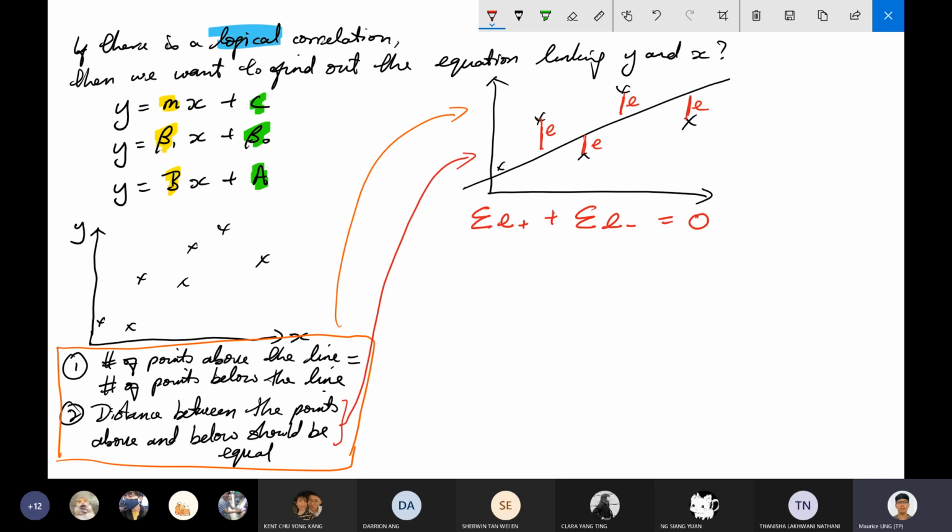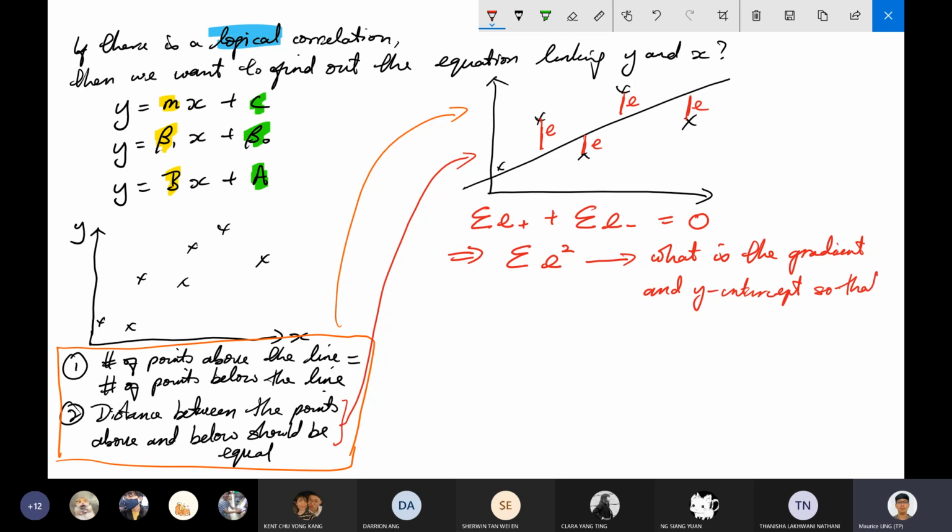In other words, remember in statistics, because it's positive and negative, we tend to square them. So this also implies that if I square all the errors, I'm trying to find out what is the gradient and y-intercept so that the summation of E squared is the smallest.